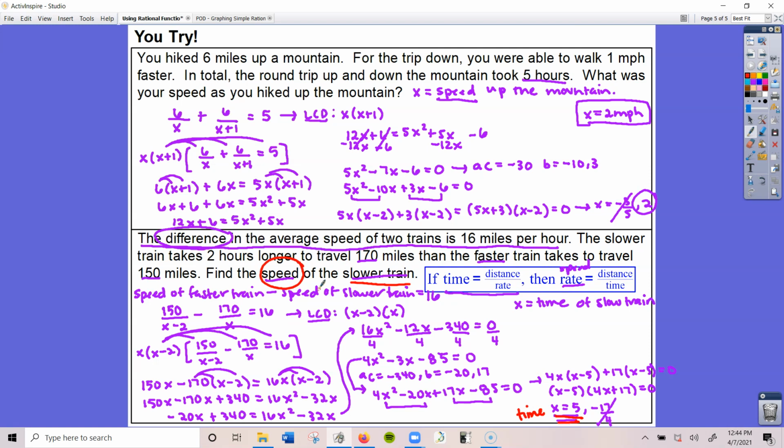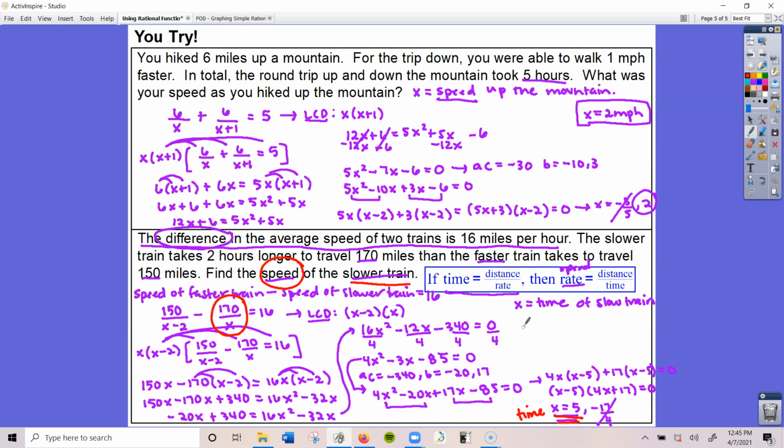To get the speed of the slower train, that is represented by this, the 170 divided by x. See, speed of the faster train minus the speed of the slower train. This ratio here, this rational function, represents that speed. But we have x, so we can plug it in and we would get the speed.